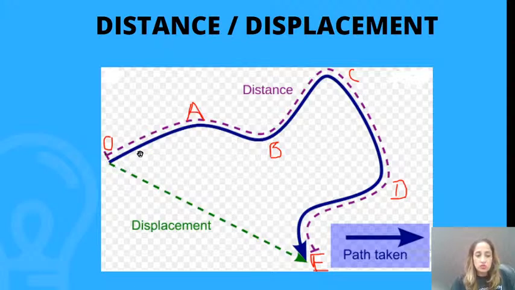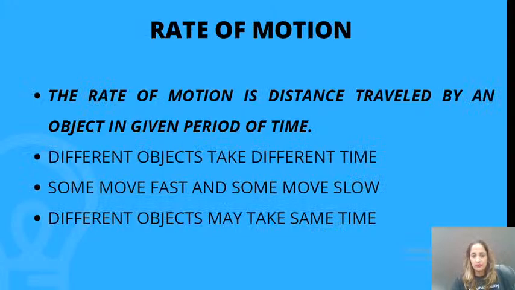But the actual distance between your home and your park, that is displacement. It does not matter whether you cover the whole world and come back to the park. Displacement is always the smallest distance between the origin and the end point. That is it. I hope I made that clear to you.